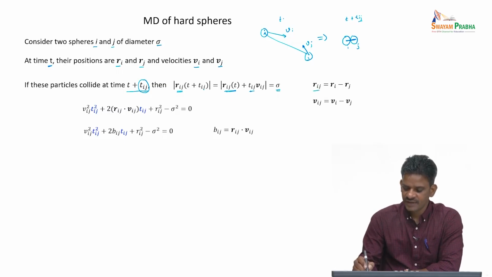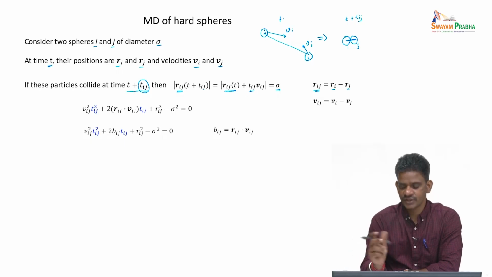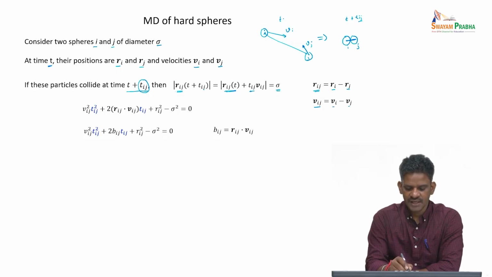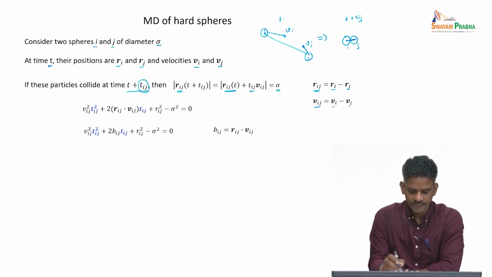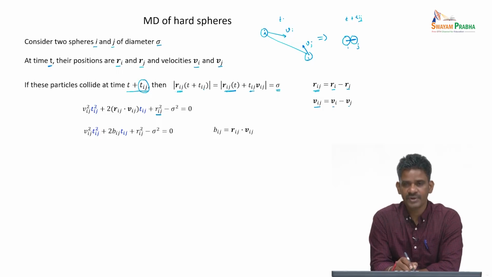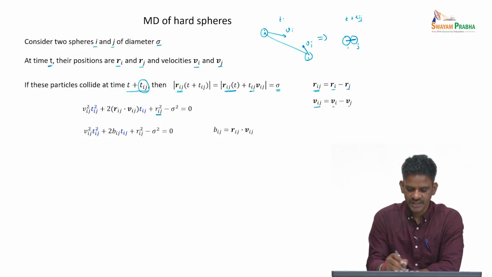In this expression, Rij is nothing but Ri minus Rj, the separation distance vector between i and j, and the relative velocity Vij is written as Vi minus Vj. So now we need the absolute value of this vector. When you try to solve this equation, you will see that this gives Rij squared, the magnitude of the separation distance, and sigma squared is taken to the left hand side, so you get minus sigma squared, and then you have a quadratic expression in Tij.